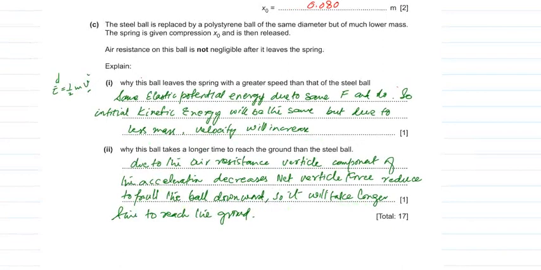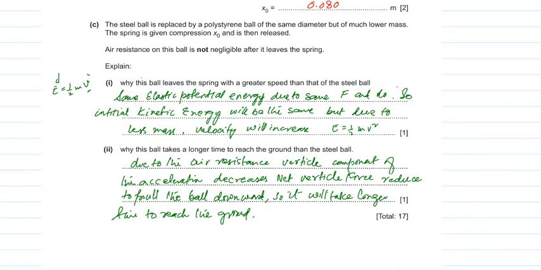The same elastic potential energy due to the same force and same x naught. So the initial kinetic energy will be the same, but due to the less mass, velocity should increase because of this formula, half mv square. So same energy, less mass, so this should get higher to get the same energy.